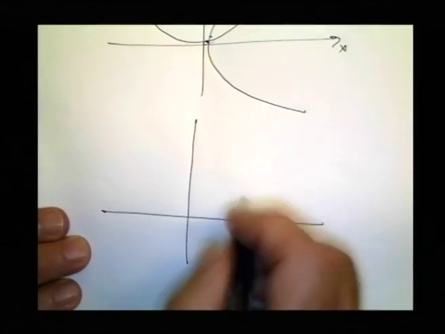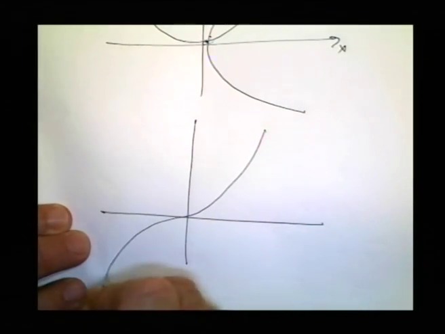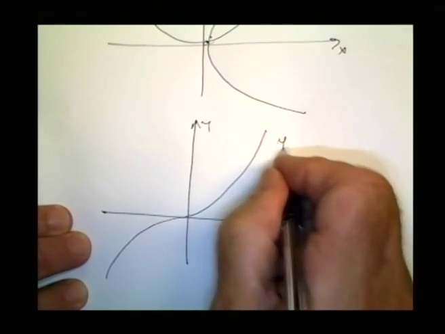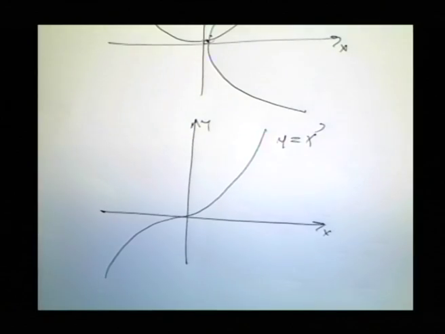Now it's very important to notice this. If you took y equals x cubed, which is a function itself, does that function have an inverse? Now they use the term horizontal line test. In simple terms it means this. If you go back to this curve here, for one value of x you get one value of y.